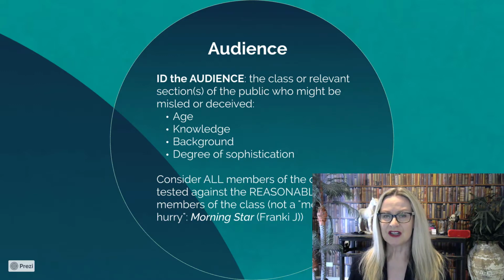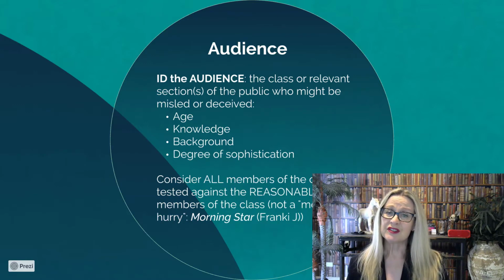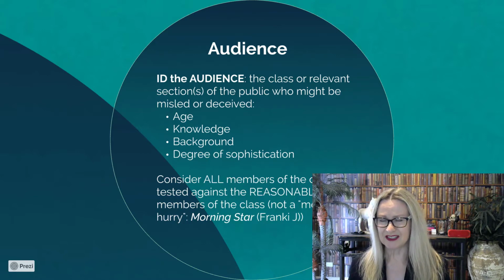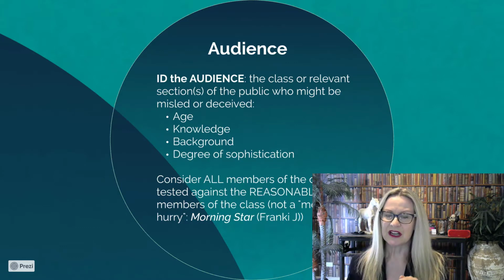The judges tend to first sit down and think about who exactly the statement was addressed to. So they identify the audience. Sometimes the judges call it identifying the class of persons or the section of the public that would be affected by the misrepresentation. You're trying to determine where this representation was pitched.